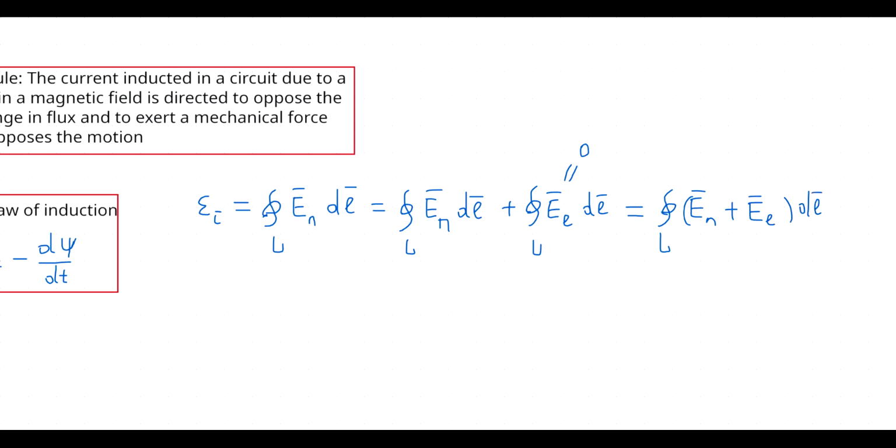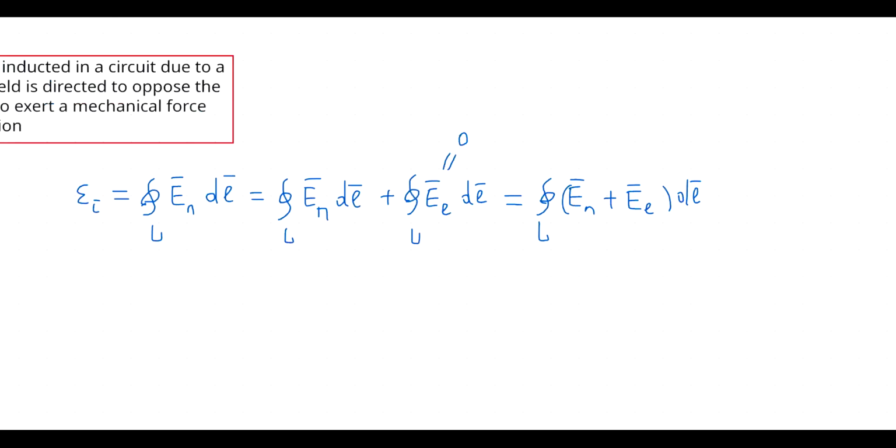And the sum of these two vectors is known as electric field intensity. So this is electric field intensity, E dl.